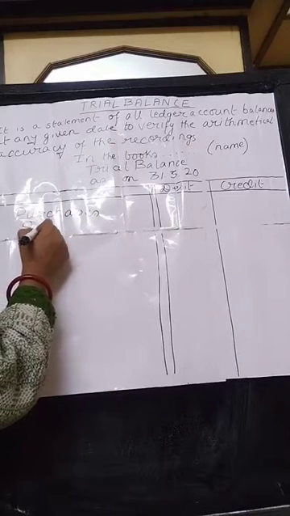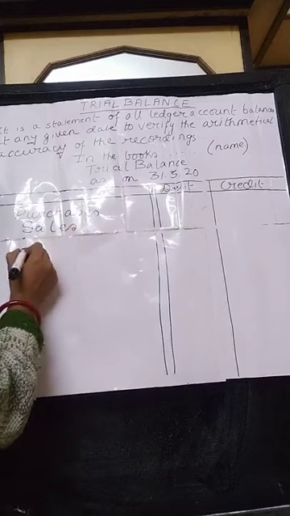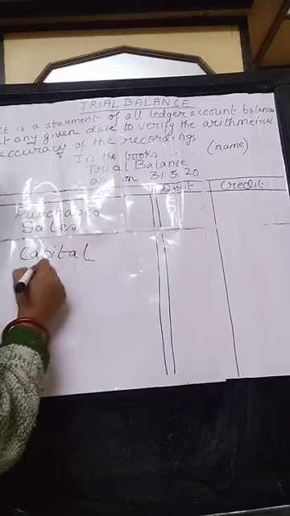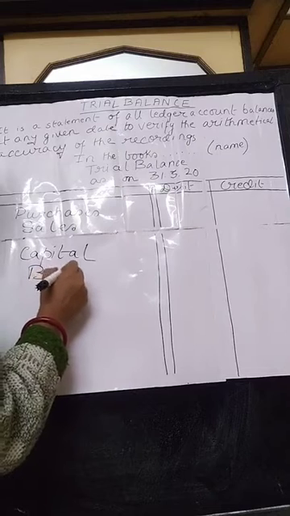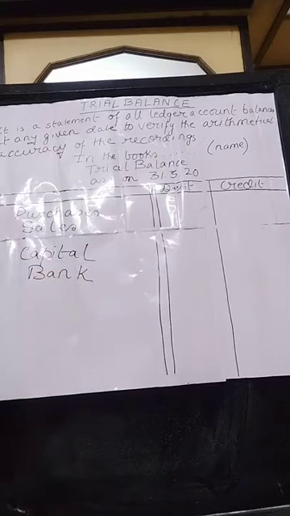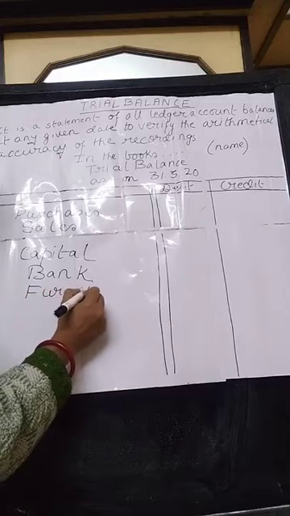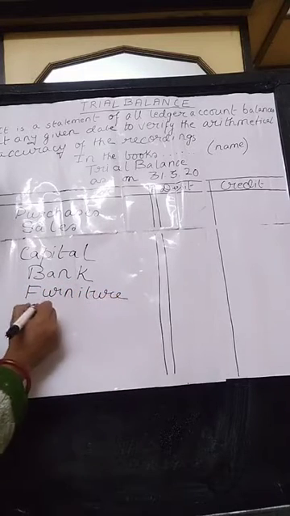Sales. I am writing a few items over here for your convenience. Capital. Bank balance, I am writing bank. Furniture. Debtors.